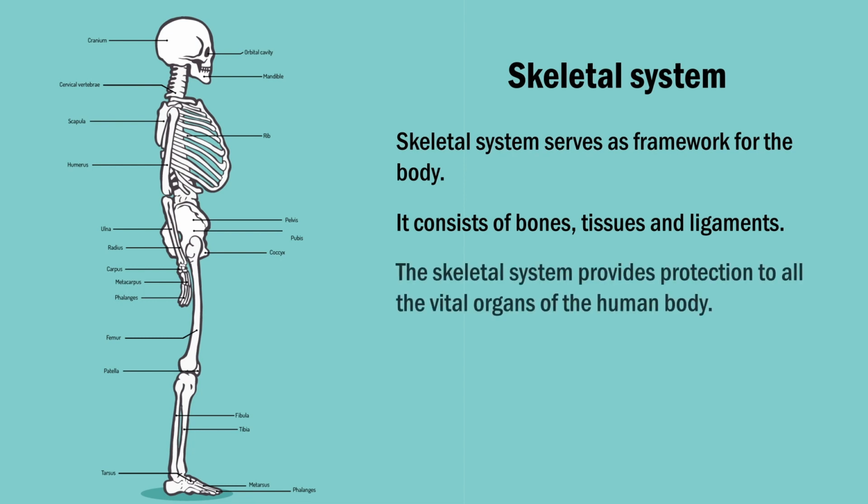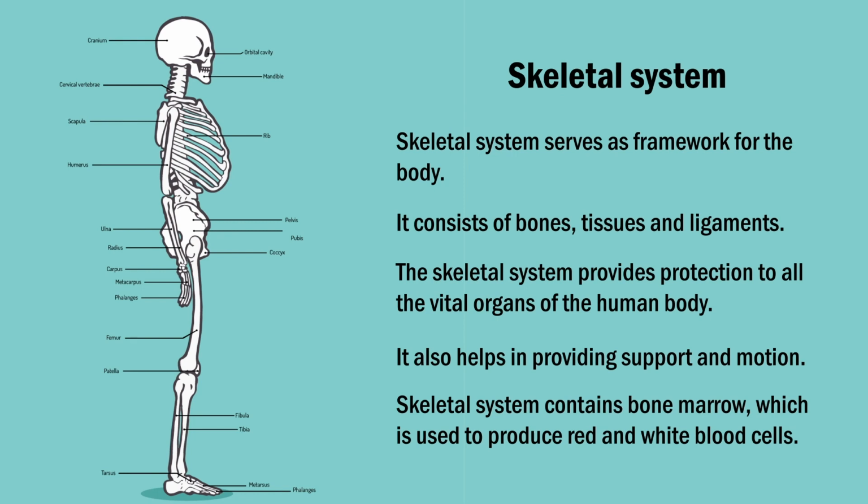The skeletal system provides protection to all the vital organs of the human body. It also helps in providing support and motion. The skeletal system contains bone marrow which is used to produce red and white blood cells.